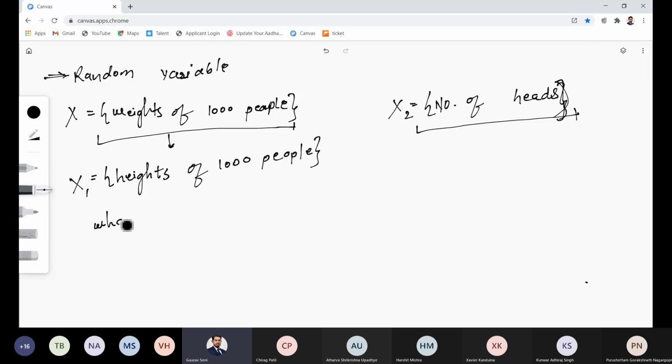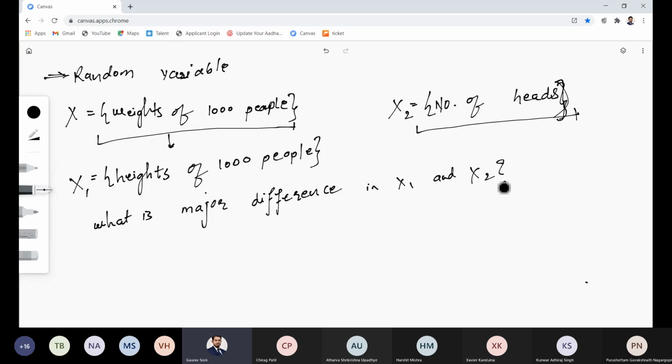So what is a major difference in x1 and x2? Both are random variables. If you could identify a major difference between both of them. Sir, in x1 it can be in decimals and in x2 it will be whole numbers.